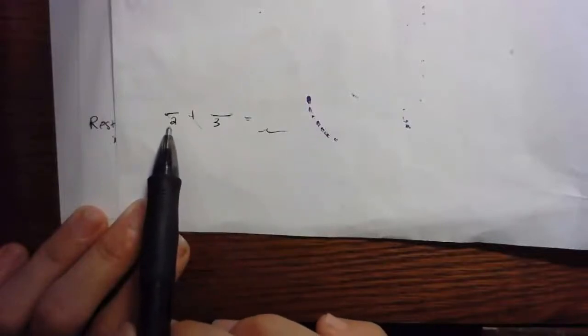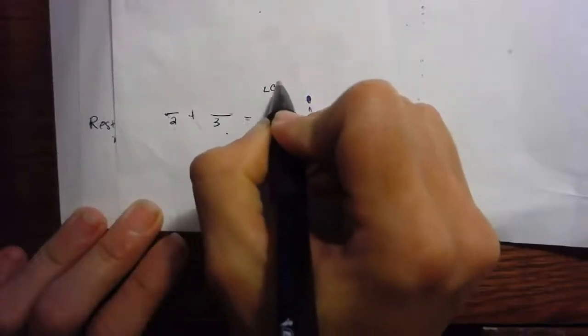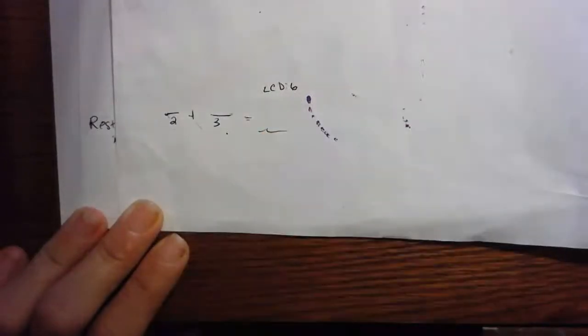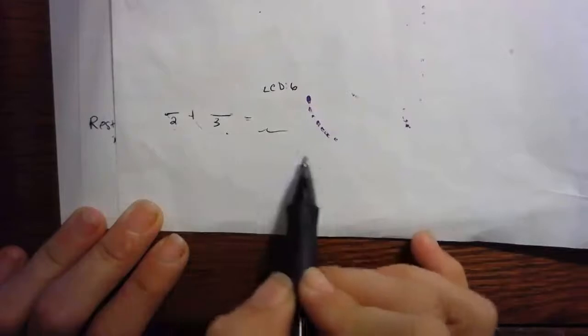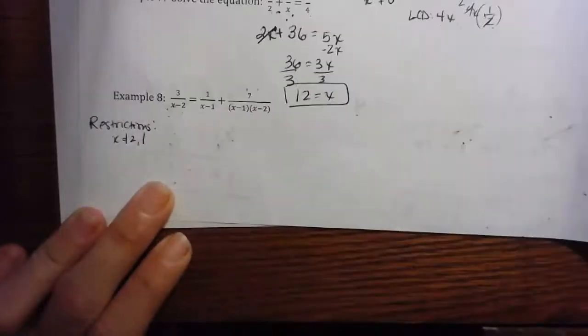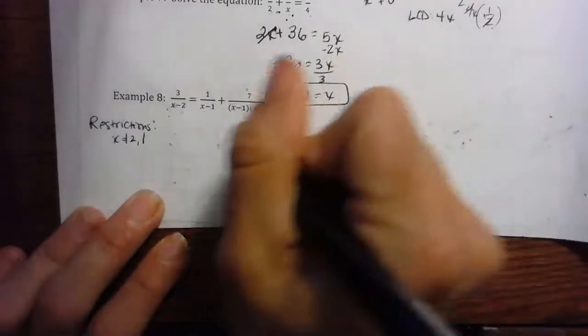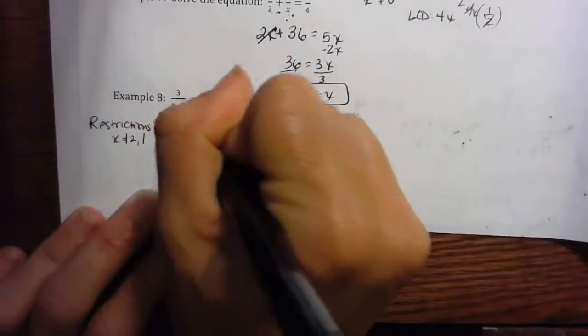If I were to find the least common denominator, a 2 and a 3 don't share any common factors, so the least common multiple would just be the multiplication of the 2 and 3. What would cancel a 2 and a 3 denominator would be a 6. You just multiply them. It's the same principle here, and x minus 1 times x minus 2 is going to be our LCD.